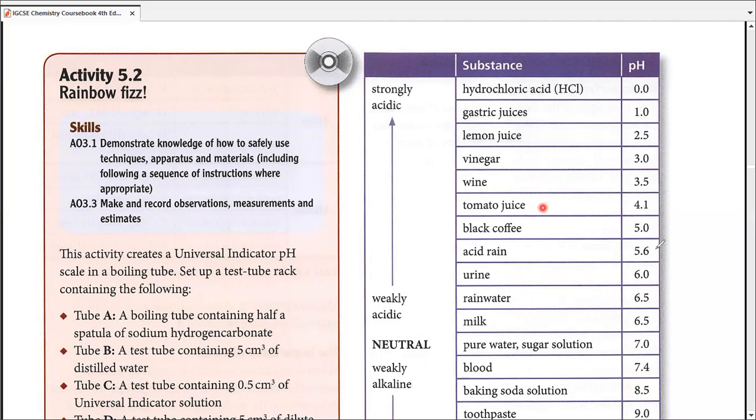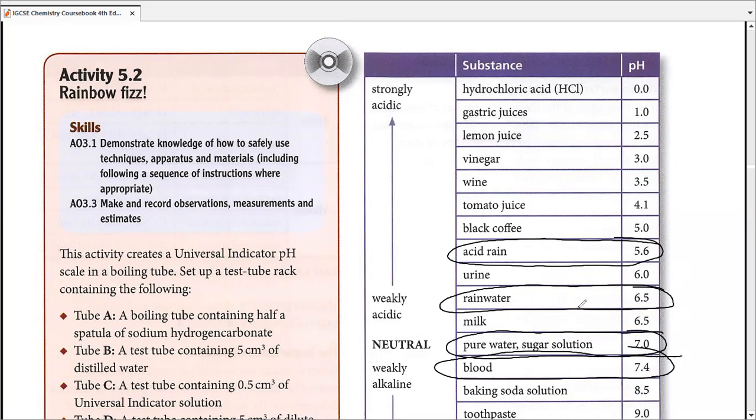These are the important ones. If you can memorize these, it's better to memorize these. Actually, the ones I'm circling are the more important ones. I agree. Acid rain is 5.6. Rainwater is commonly 6.5. Pure water or sugar solution is exactly neutral, 7.